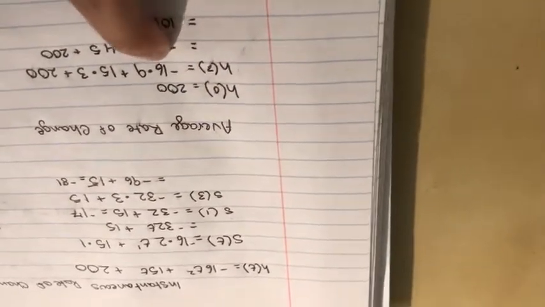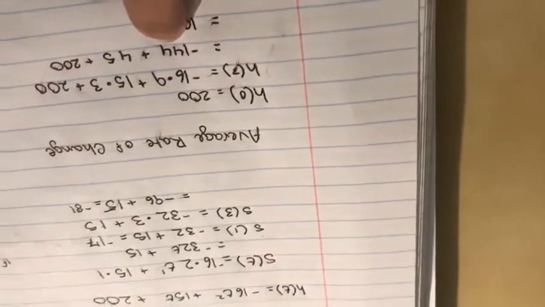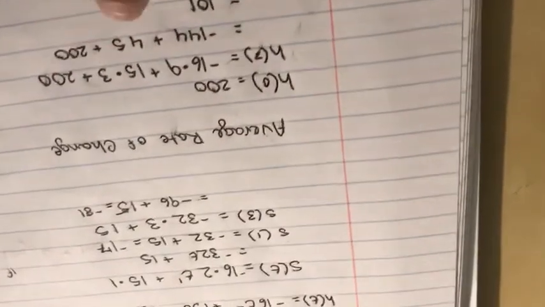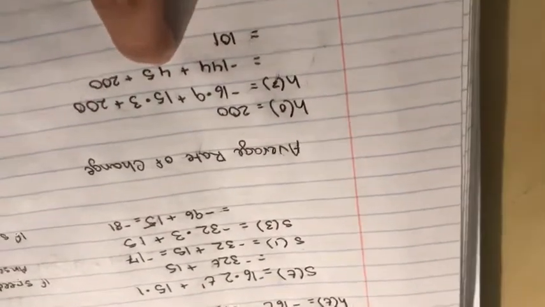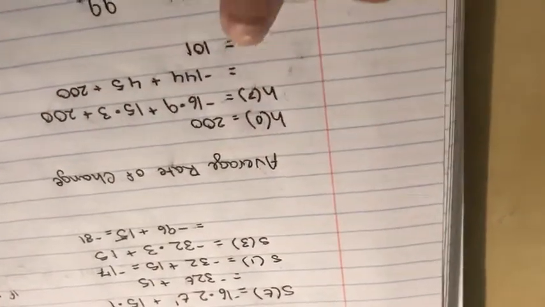It's going to be h(3) = -16 times 9 plus 15 times 3 plus 200. That's going to get you -144 from these two, and then these two put together give you 45, and this you just bring down, and then you get 101.